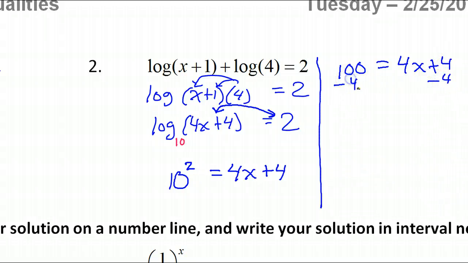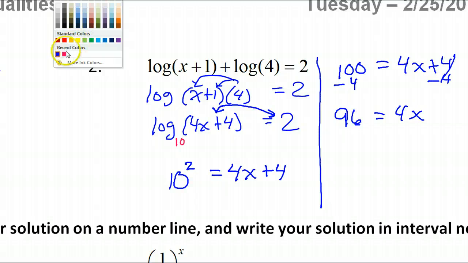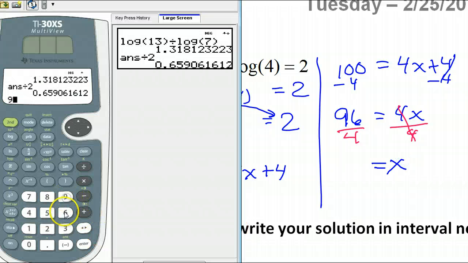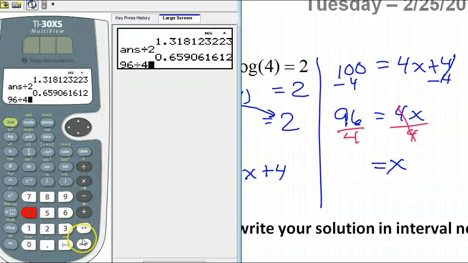So subtracting 4 from both sides, it gives me 96, and then we will divide by 4. So that is 24.